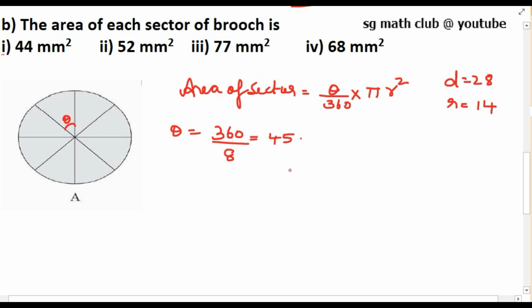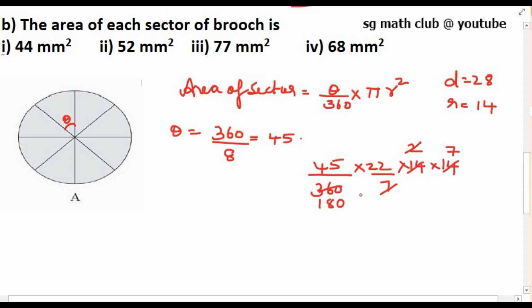Now we can substitute: 45 divided by 360 into 22 by 7 into r square, which is 14 into 14. When you cancel this, you get 180, again cancel the 7, 90, again cancel, which is equal to 2. So 11 into 7 is 77 millimeter square will be the area of each sector.